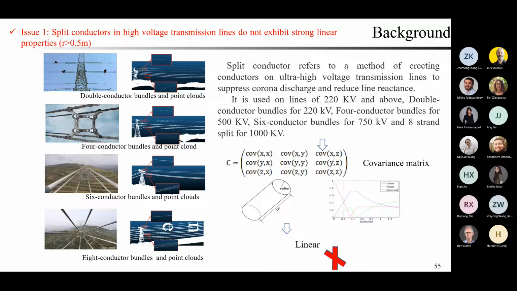Basically, it's true for some cases, but for high voltage transmission lines, we often have split conductors, which means we are not able to describe the split conductor with a linear model. So this is one issue we need to solve.